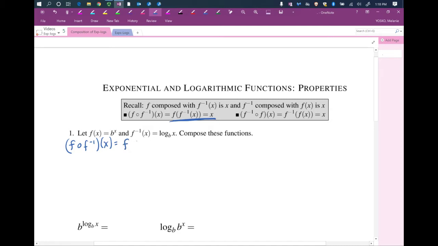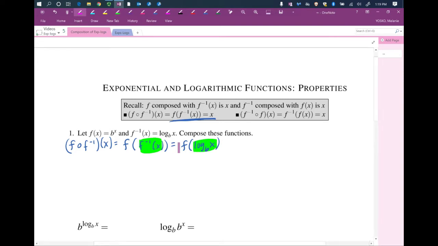So this is f of f inverse of x. Okay, so now we're going to replace this f inverse of x with the function. So this is f of log base b of x. So we're replacing this, like I said, with this.